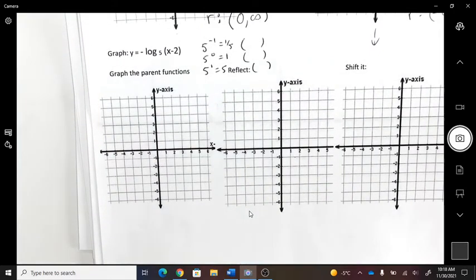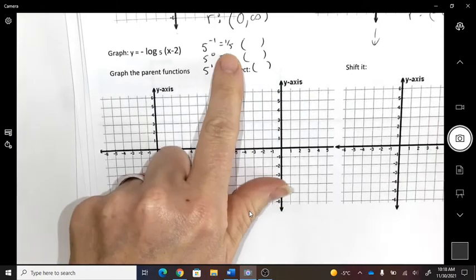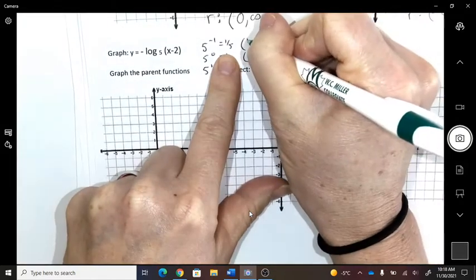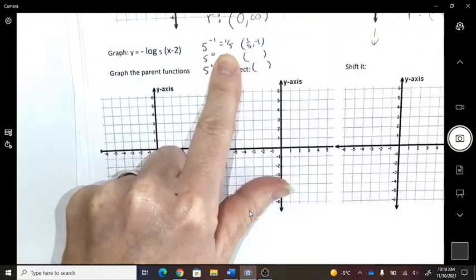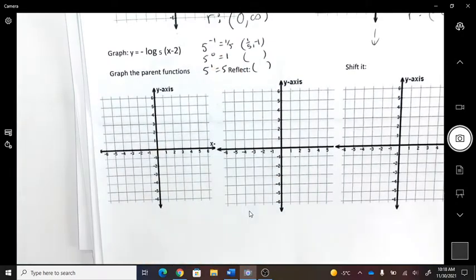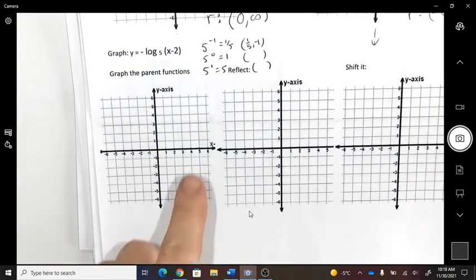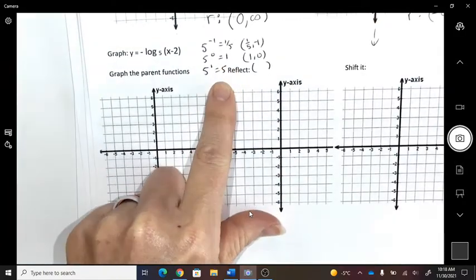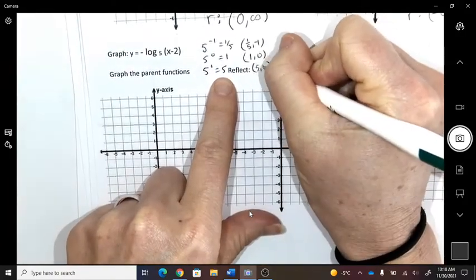So this is a log graph. So how do I write the coordinate? 1/5 comma -1, right? Because it's opposite of how we were writing our exponentials. So this would be 1, 0 and 5, 1.